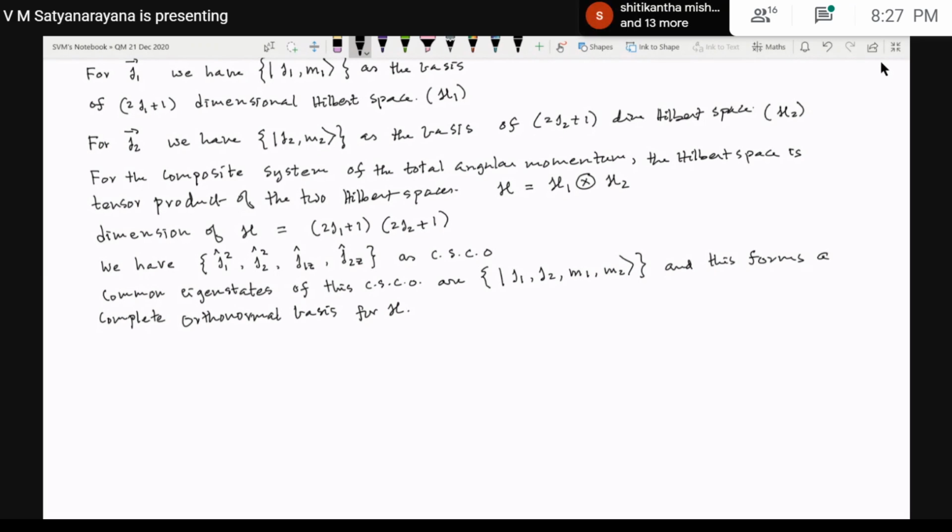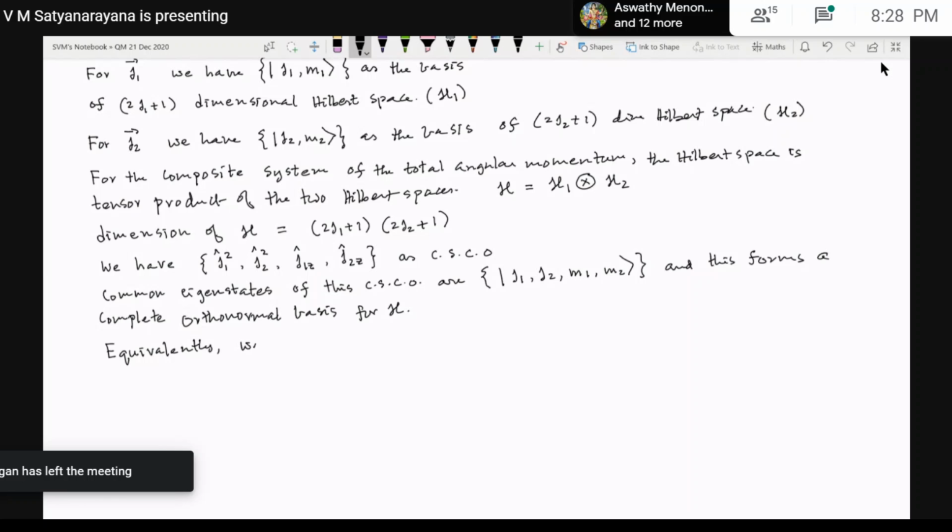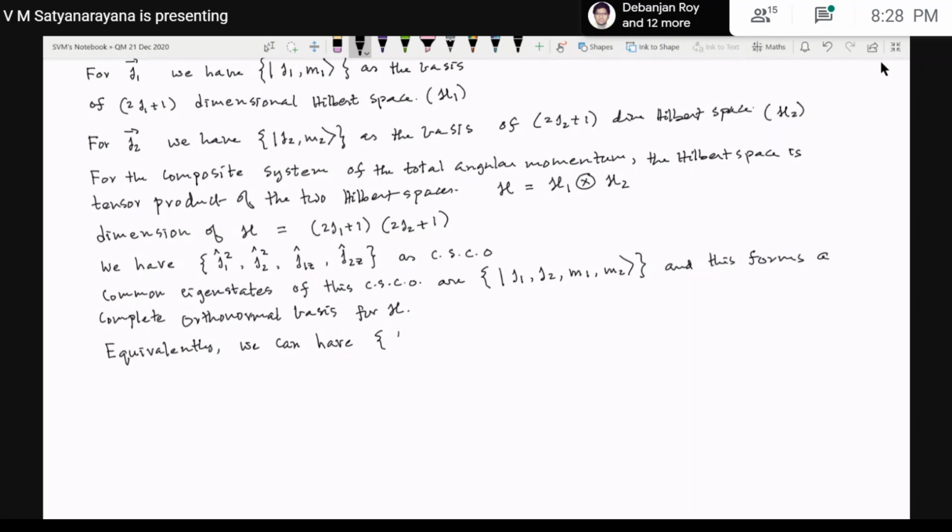That is fine, but it turns out that equivalently we can have J1 square, J2 square, J square and Jz, where J is the total angular momentum, as a CSCO.